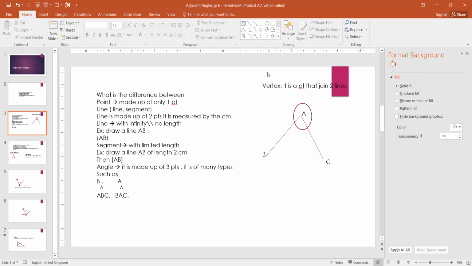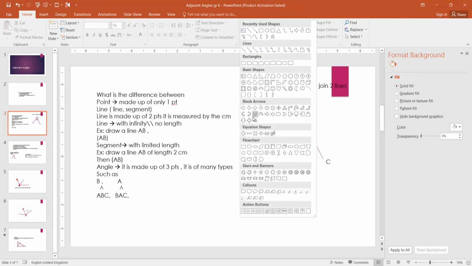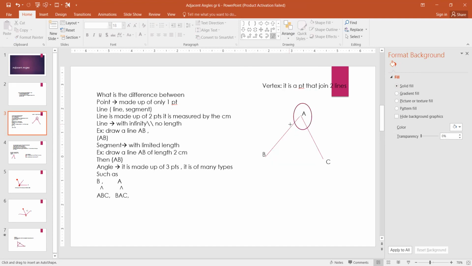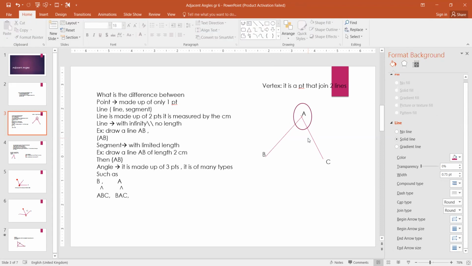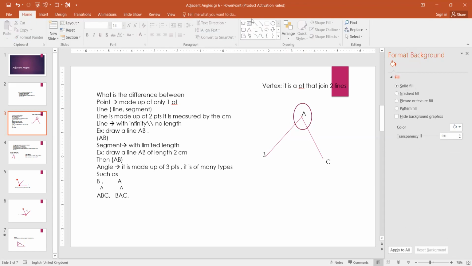When I'm writing that it is an angle here, I have to close it. Let me bring this a little bit up to be here. You have to know that you have to close this.